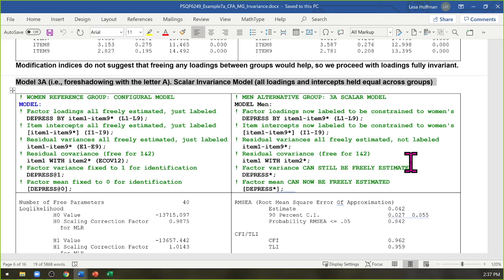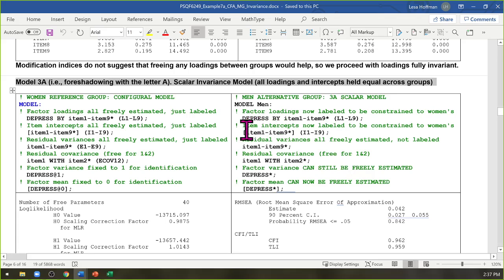Synonym for scalar invariance is strong invariance, and that means that we are asking whether the item intercepts now can be constrained across groups. So keeping the loadings constrained and moving on to add the intercepts. In the same way that the loadings and the factor variance are tied together, at this stage, the intercepts and the factor mean are tied together.